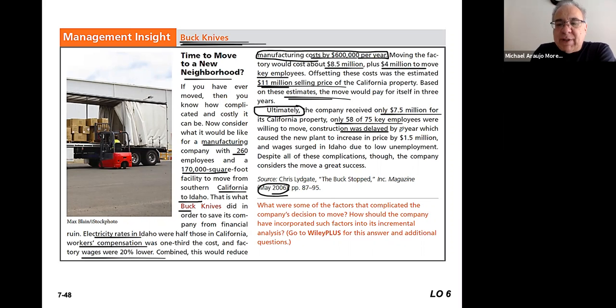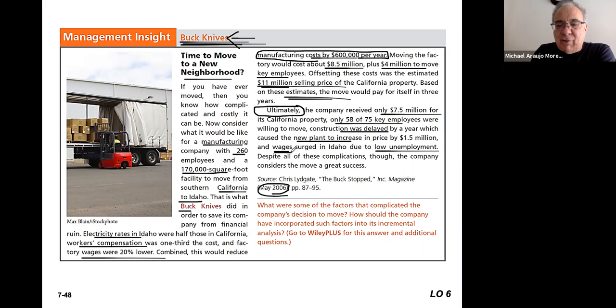Construction on the new plant was delayed for a year, so that cut into profits and sales, and also increased the cost of the new plant, $1.5 million more than they thought it was going to cost them. And Idaho at this time had very low unemployment, and they couldn't get the workers.